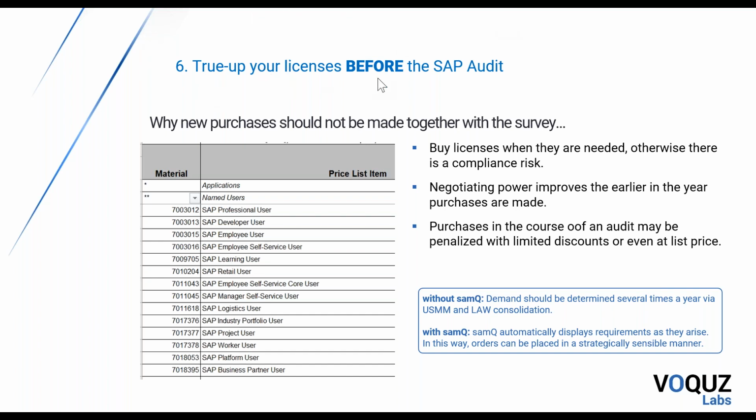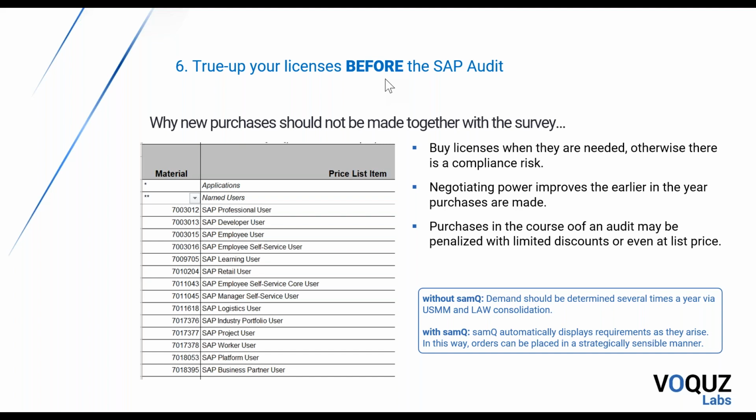So what was I saying here? True up your licenses before the SAP audit. Why is that? This is because on occasions we have seen SAP execute the audit, pass this to the sales department, and the sales department in some way punishing the client by not applying the standard discount.